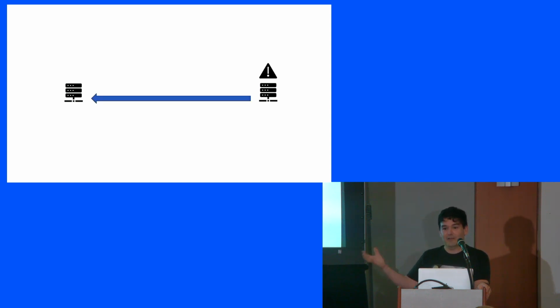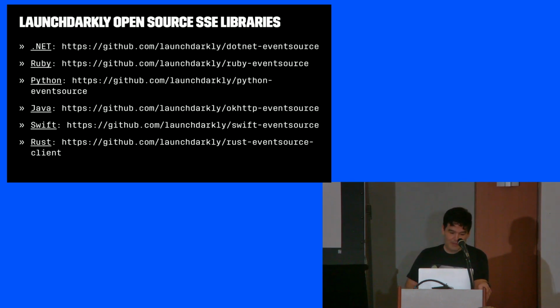So the point is, it functions just like the server-to-client communication, except in this case we're doing server to server. It's really useful. And we have a bunch of open source libraries, with implementations for .NET, Ruby, Python, Java, Swift, and Rust. They're all open source, so if you want to do server-sent events on the server, you can use one of these libraries to implement that.